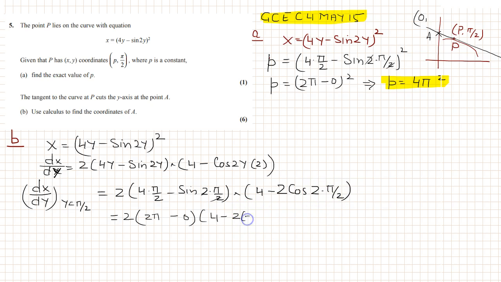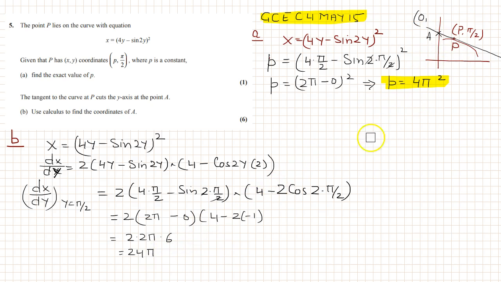Cos pi is minus 1. So this is equal to 2 multiply 2 pi multiply 6. So that is 24 pi.